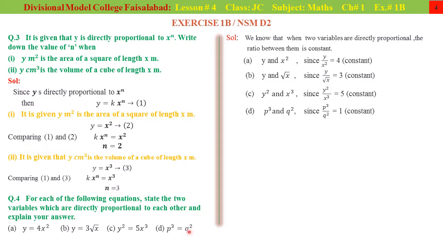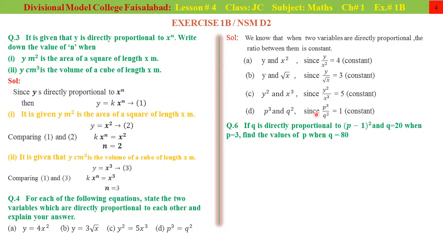Q square will be cancelled with q square and you will be left with 1. So this is why we can say that the variables on the left hand side and right hand side, which are being multiplied by a constant, are directly proportional to each other. So this is your question number 4.